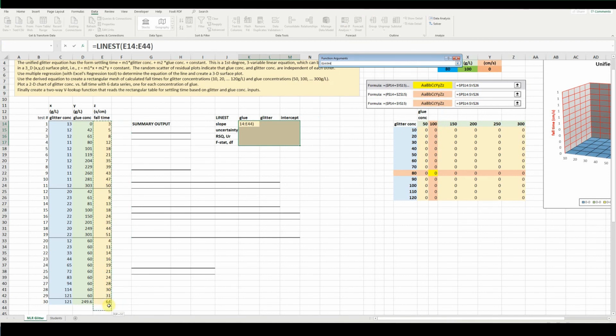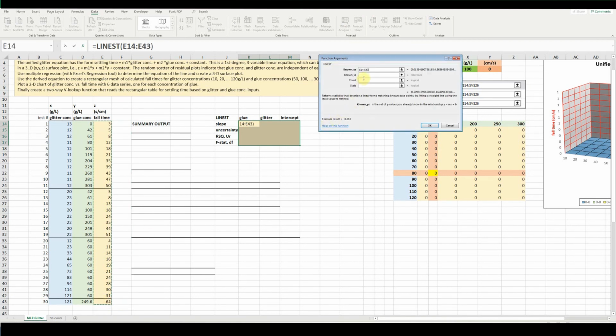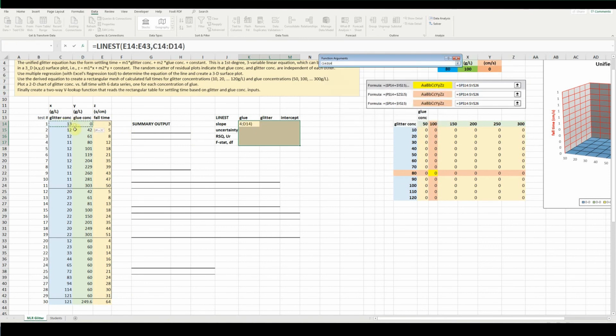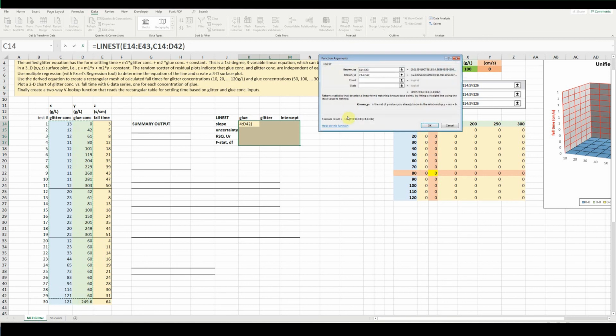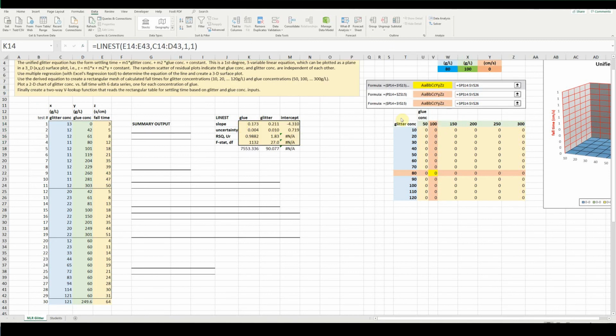The known x's will be all of the x1 and x2 values, the glitter and glue concentrations, take them all. Our constant is 1. Our stats value is 1, and OK. So here are the coefficients for x1 glitter and for x2 glue and for the intercept.